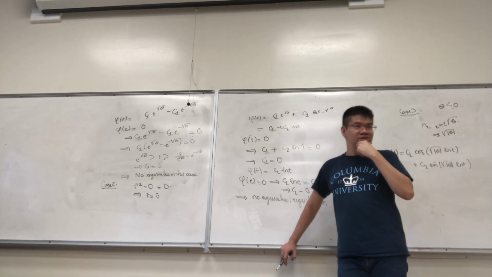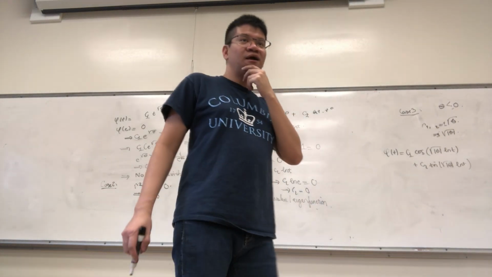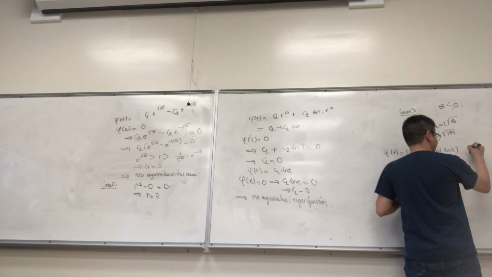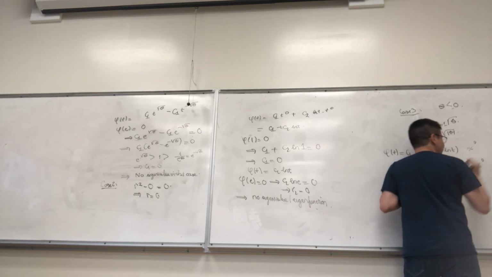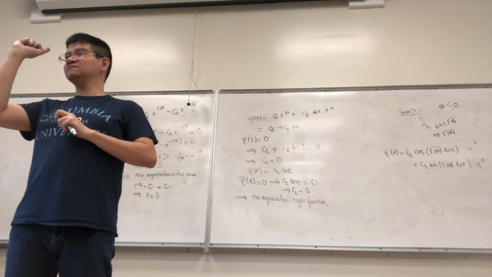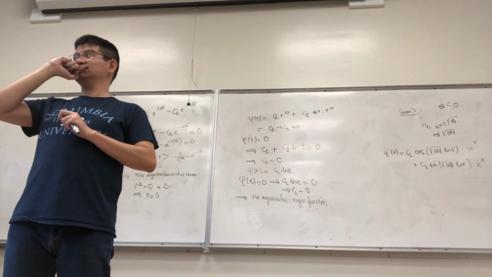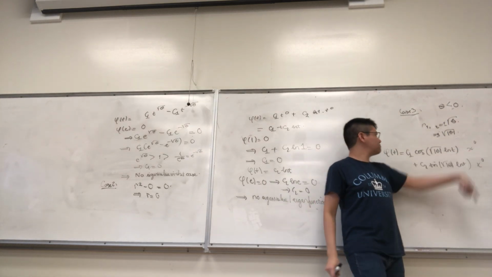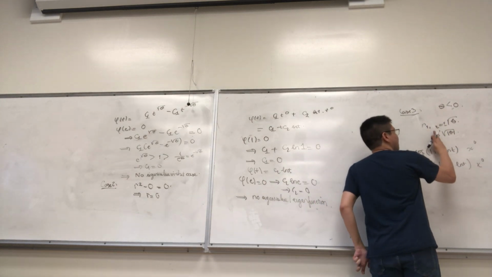Do you not do C1 x to the power of something? So the power will be 0, right? x to the 0, I see. Other questions? There's an x, but the power of x will be the real part, right?